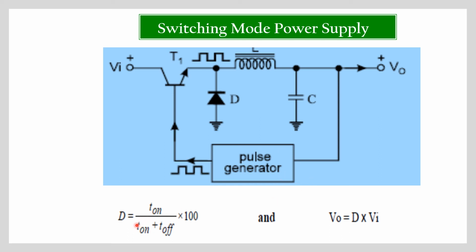Clear? So duty cycle is T on upon the total period T, where period T is equal to T on plus T off, into 100. And the output voltage is equal to duty cycle into V in. So that is nothing but SMPS.